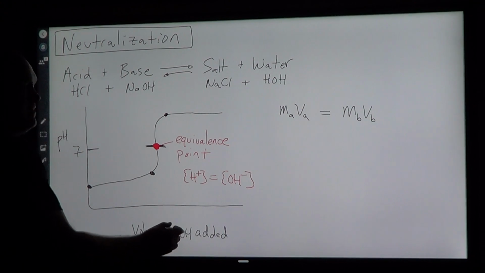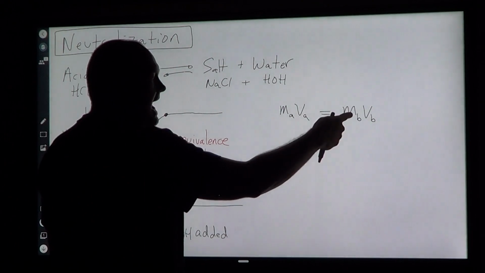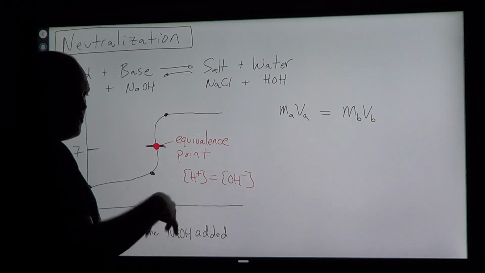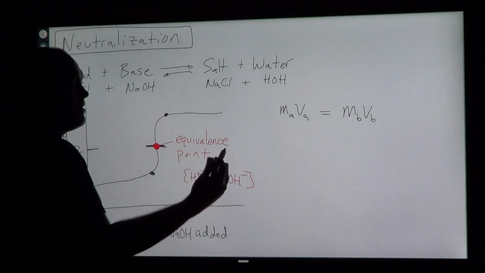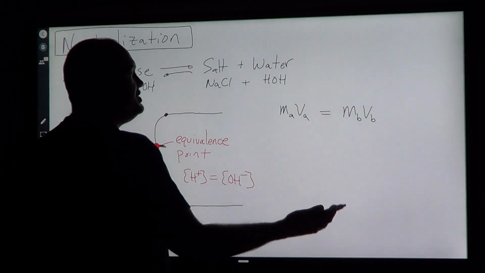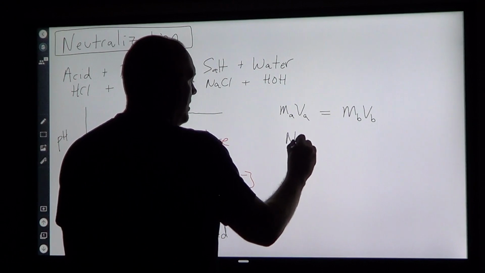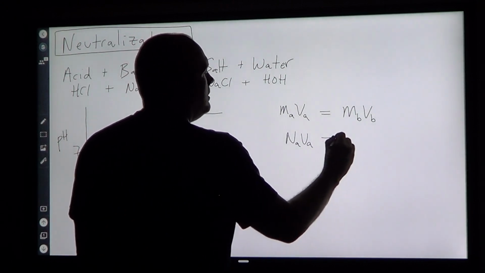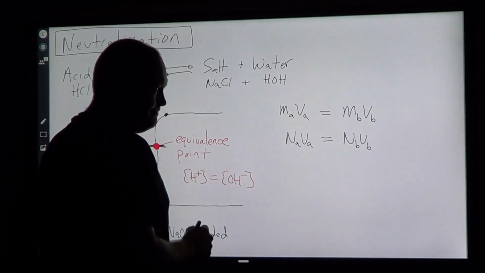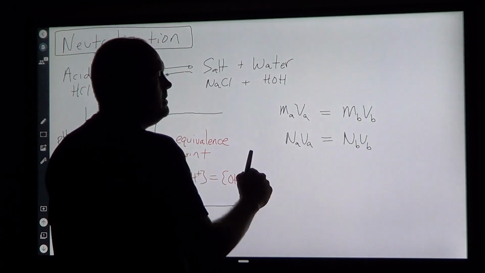Sodium hydroxide is monohydroxic. Because it's easy to accidentally forget that a base or an acid is monoprotic or diprotic or triprotic or monohydroxic, etc., there are some books that teach a new unit called the normality of the acid and the normality of the base. Some books will teach this word normality, some books won't.